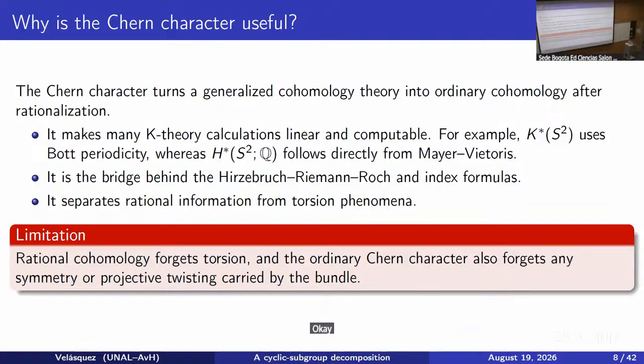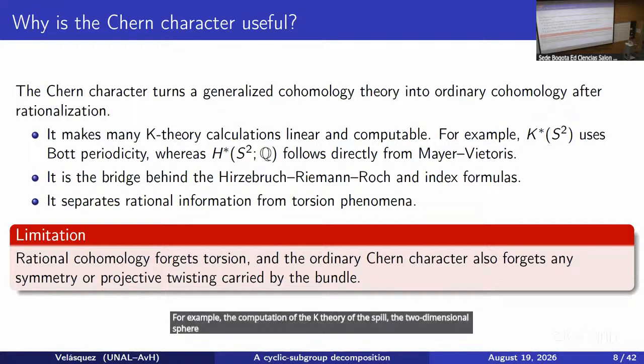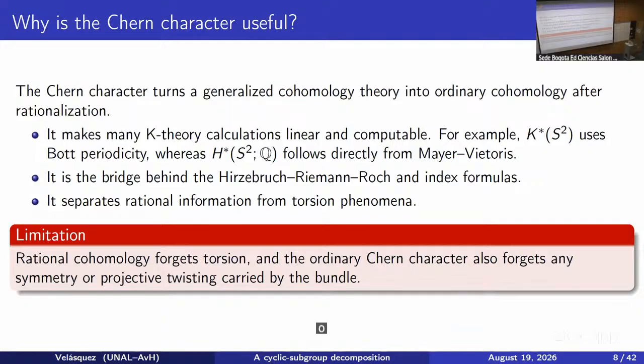Why is the Chern character important or useful? Because computing K-theory of spaces could be very hard. For example, the computation of the K-theory of the two-dimensional sphere is a non-trivial result. It's Bott periodicity. On the other hand, the computation of the cohomology of the sphere is just a direct application of the Mayer-Vietoris sequence.